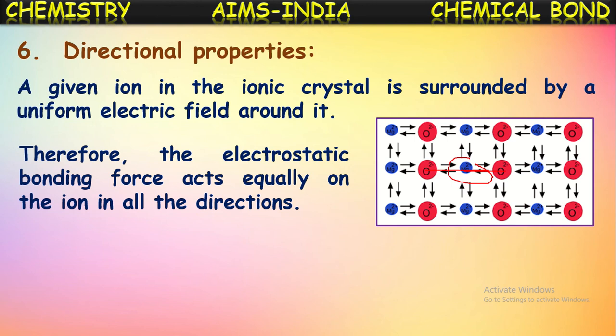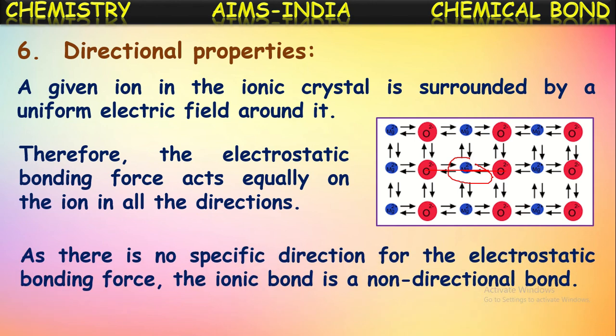So we can say it is not fixed in one direction. Ionic bonds are not fixed for one direction. They have electrostatic force from all the directions from the oppositely charged ions. That is why we say ionic bonds are non-directional.